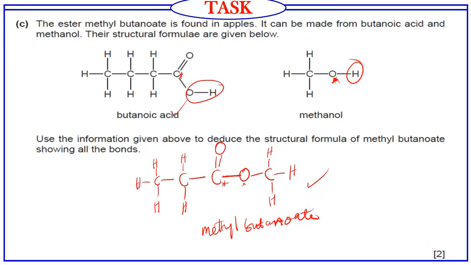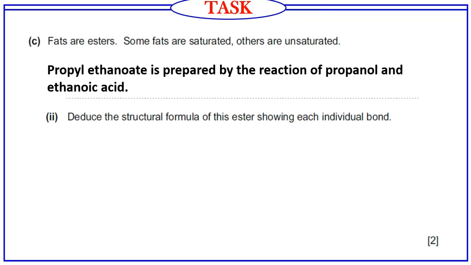Okay, let's solve one more question and we'll go. Fats are esters. Some fats are saturated, others are unsaturated. Propyl ethanoate is prepared by the reaction of propanol and ethanoic acid. Deduce the structural formula of this ester.